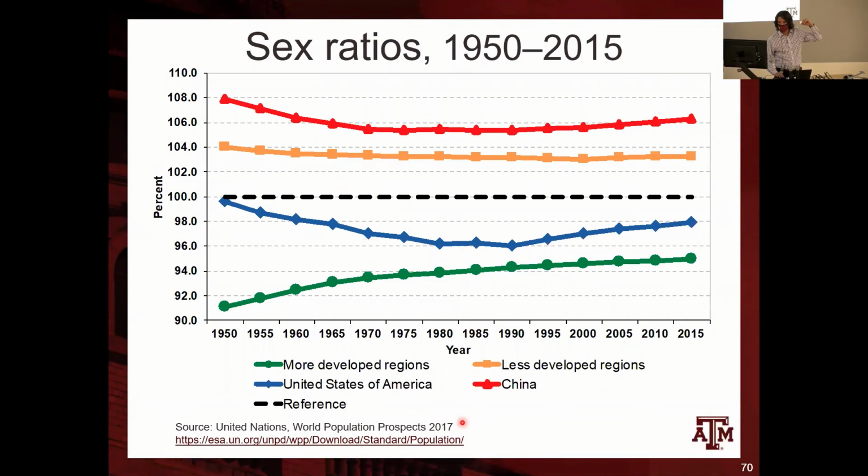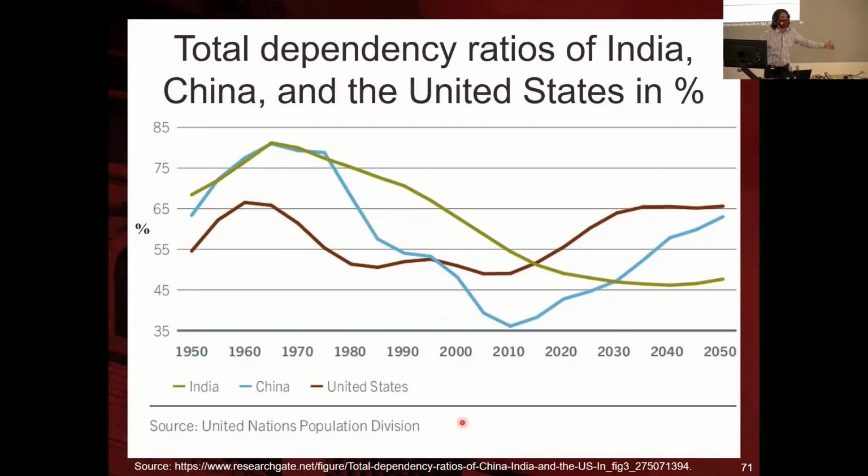And then we have improvements in health in the country. So people live longer, have lower mortality. Lower mortality, what we expect for the next decades in projections for the next years, higher proportions of older people. So the total dependency ratio will start to increase again in the US.